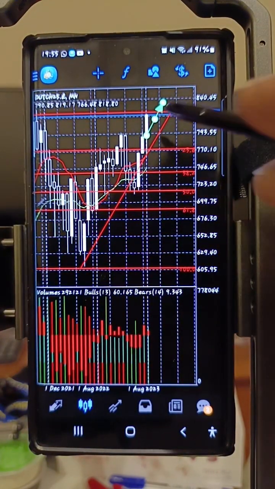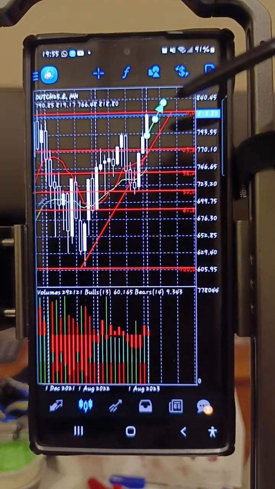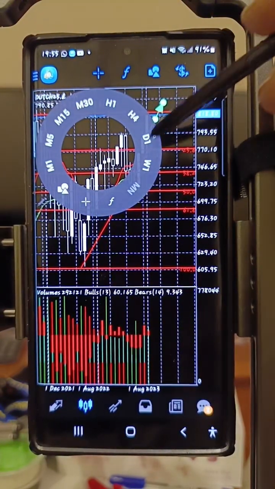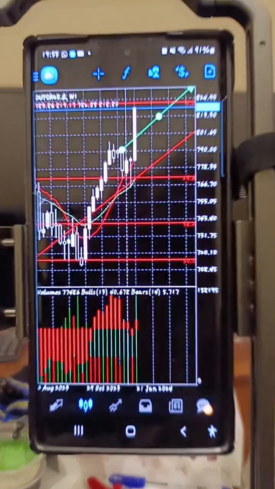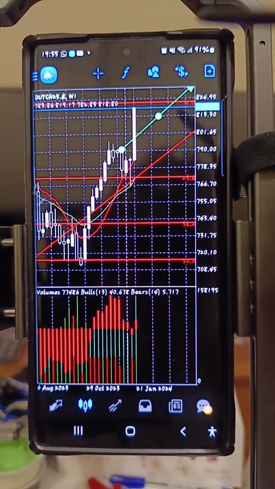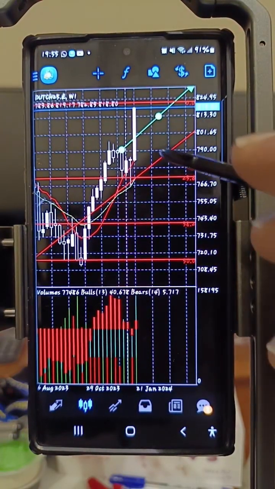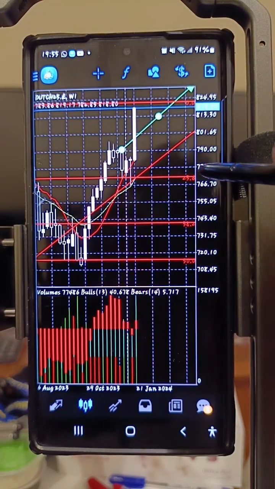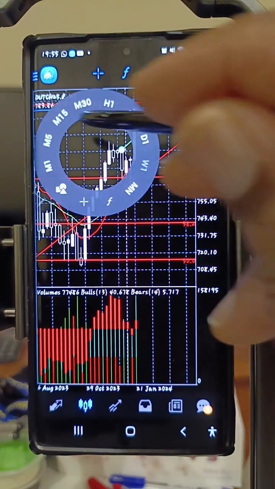Okay, I draw my fib. Strong bull. I can just look at the week to see if I can draw a further fib to this. So basically, between 23.6 and 0, I'm going to draw another fib.